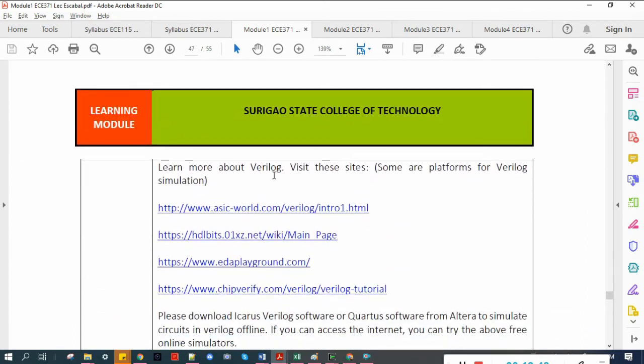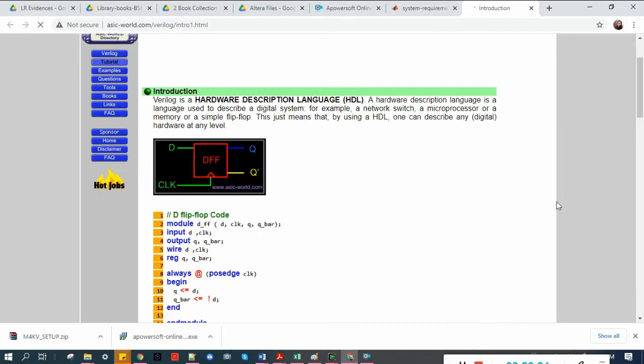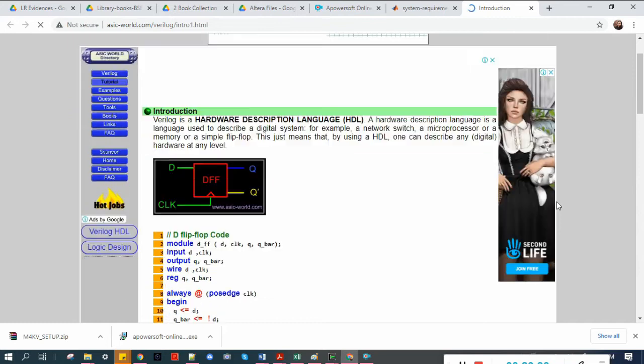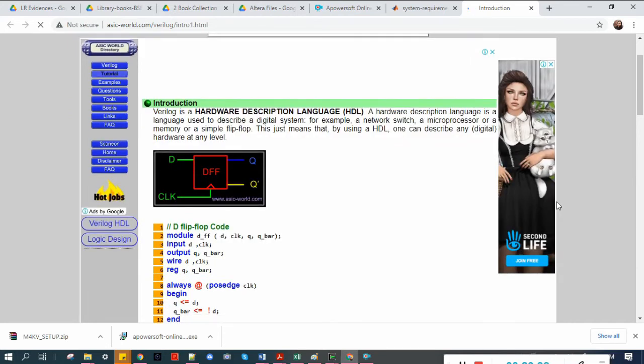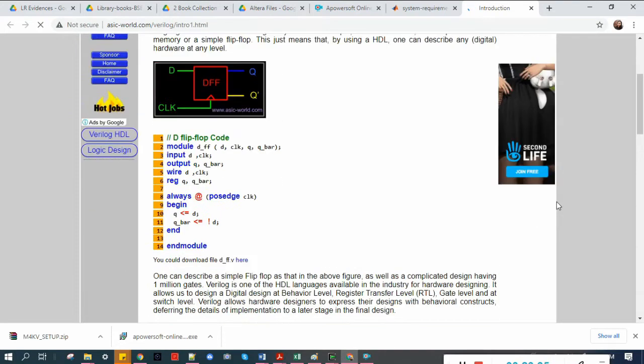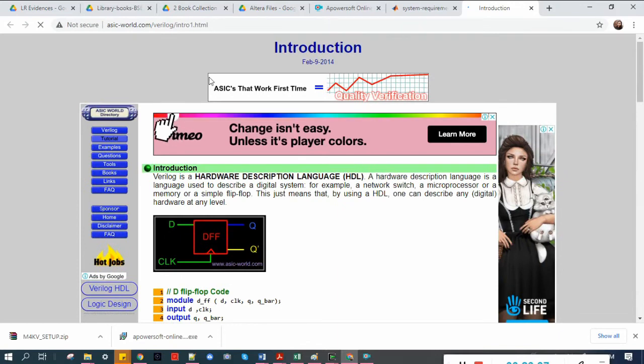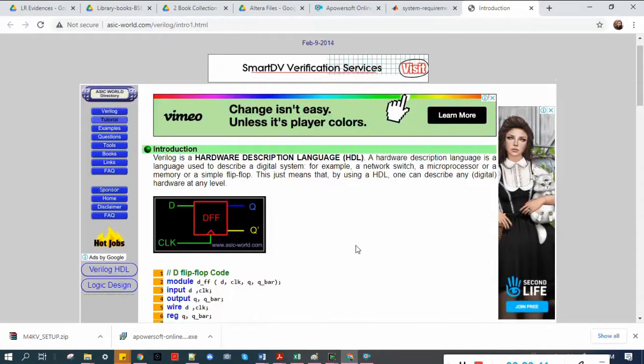To learn more about Verilog, visit the site. Some are platforms for Verilog simulation. This site, asicworld.com, has a lot of examples in Verilog.